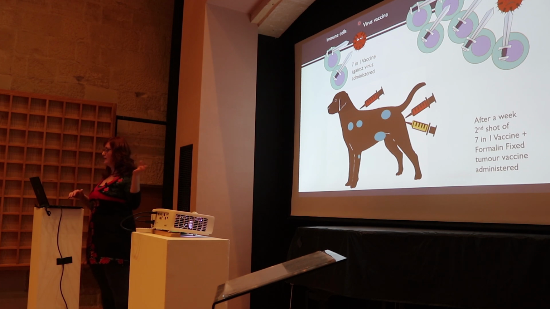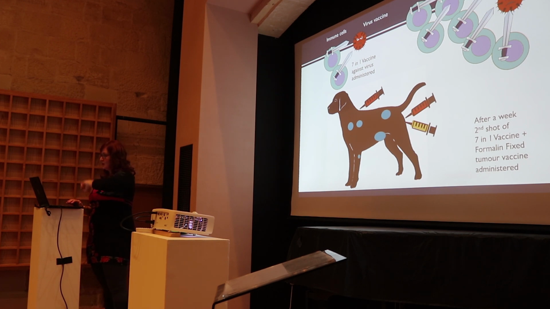Dogs, for example, have the 7-in-1 vaccine. In humans, this could be the herpes zoster, the chickenpox. You train your body to attack whatever is in it. If it's a chickenpox vaccine, it will attack the chickenpox. In this case, these 7-in-1 viruses.